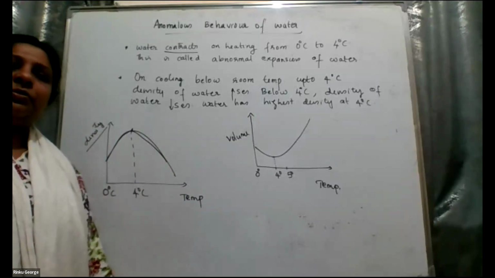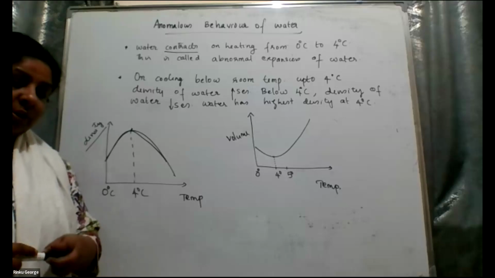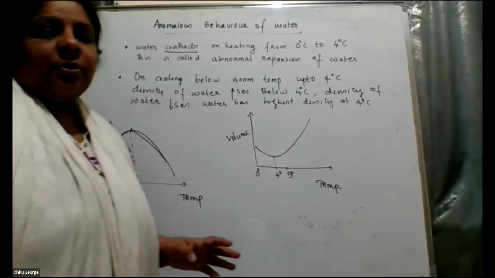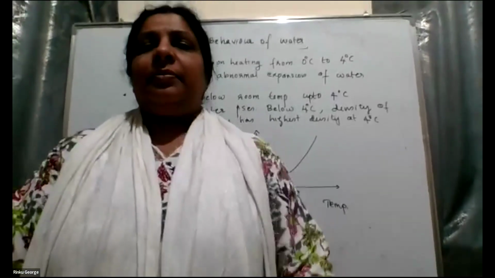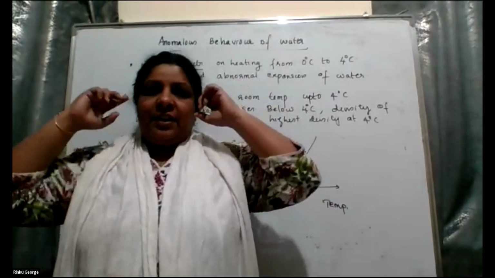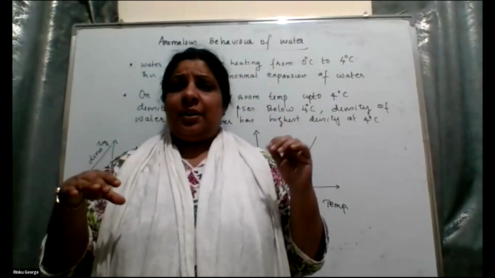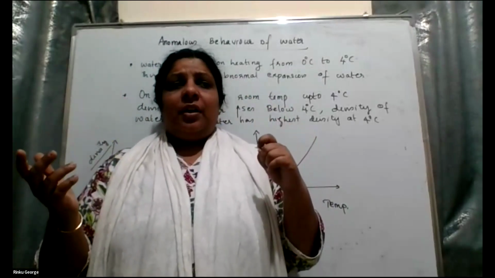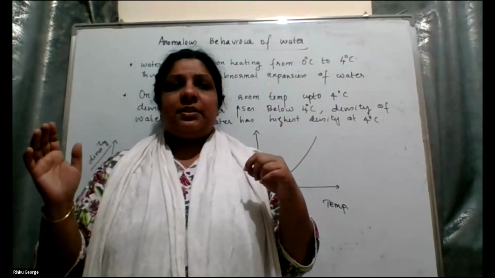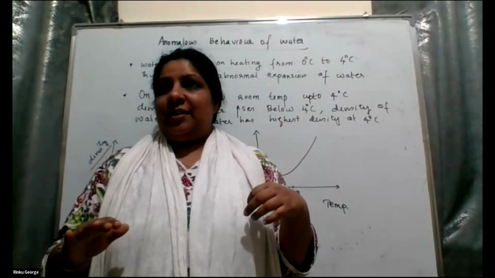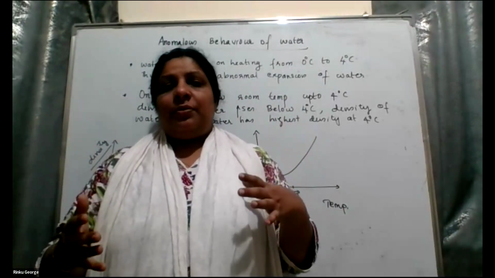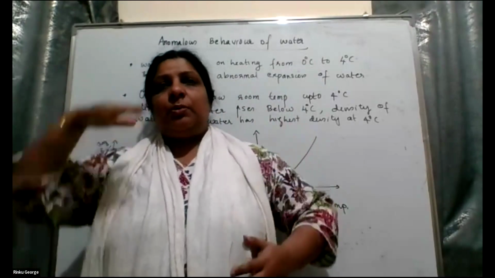Now there is an application for this that you will study from the textbook. The question will be, you can write the question. Explain. See, before that, have you seen in winter, in cold places, the river or pond freezes? How does it freeze, from bottom to top or top to bottom?